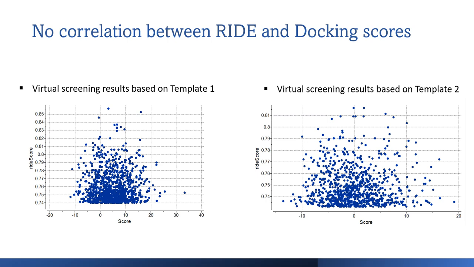But in this study, most hits have docking score ranged from -10 to +10, and they all have a RI score of approximately 0.75. Therefore, hit selection was performed with RI and docking results separately.